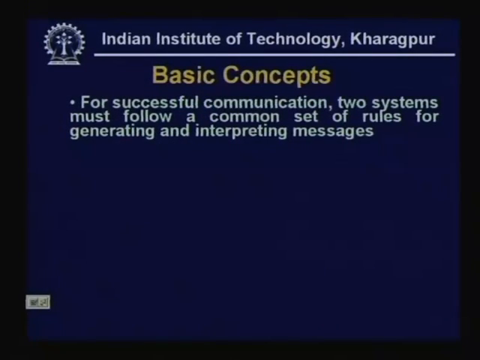First, let us start with the basic concepts, or why do we really need layered architecture. In the last lecture, we have discussed the basic issues of data communication. There we have seen that data communication is a very complex process.